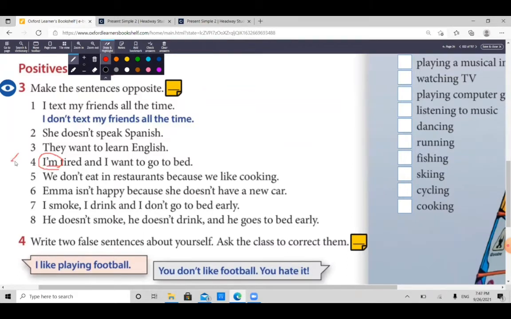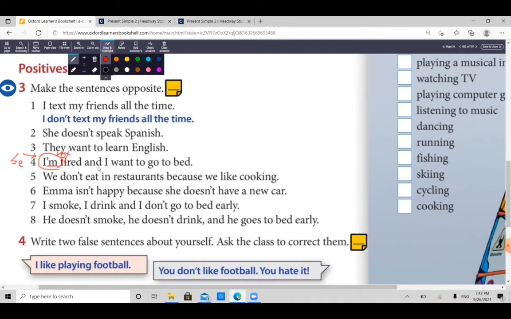This is here the verb to be, am, is, are. With the verb to be, you don't use a helping verb. With the verb to be, you just add not after the verb. Okay? I'm not tired.